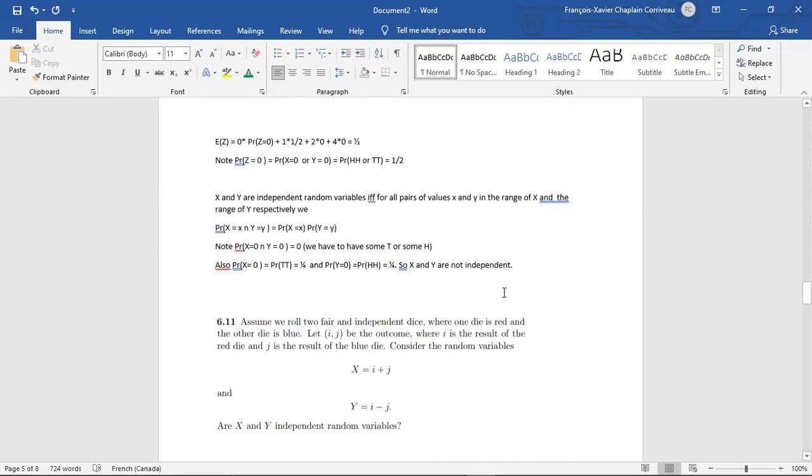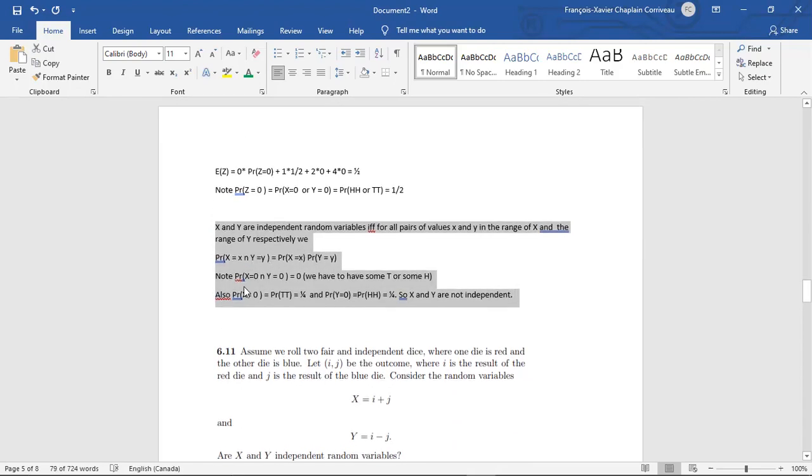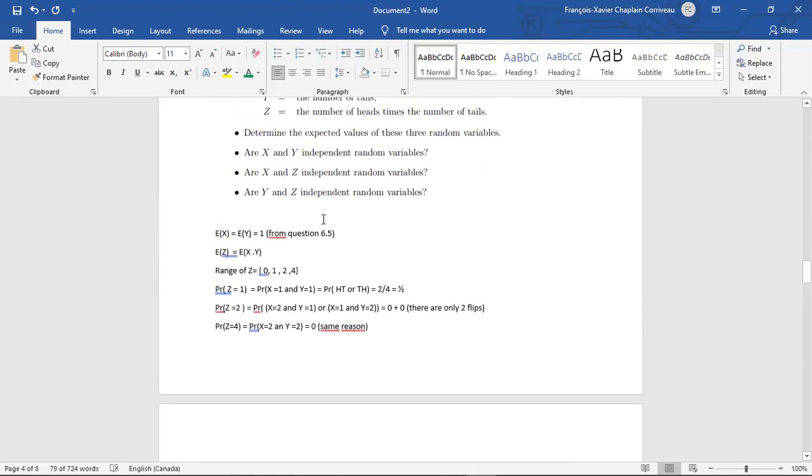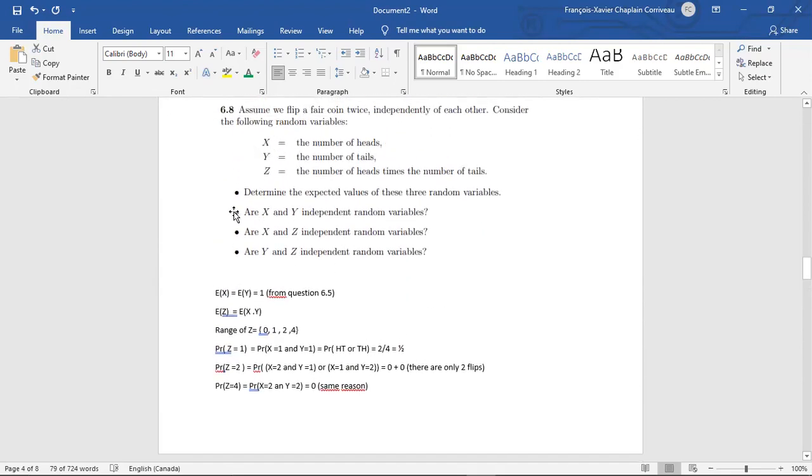So the safest thing that you can do for yourself is to resort to the definition. If you stick to this definition and you do it properly, we cannot remove marks. Since I don't know the marking scheme for this exam, this is the sort of thing that you should aim for, even if here it's quite obvious that they are not independent random variables.